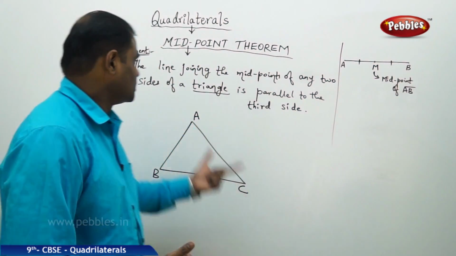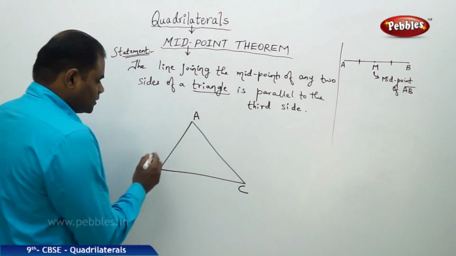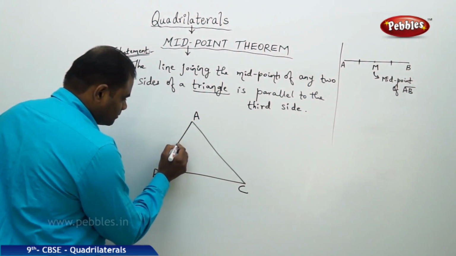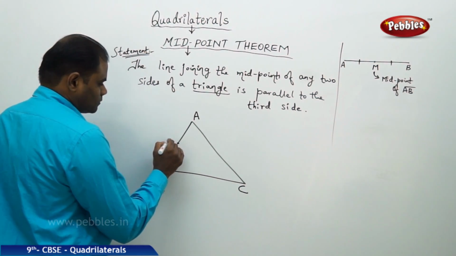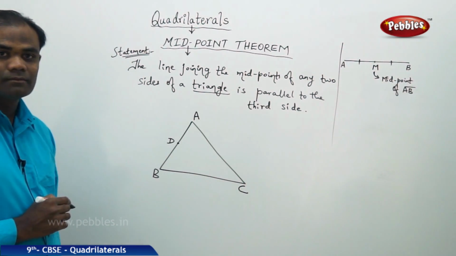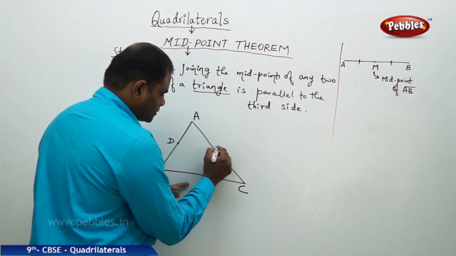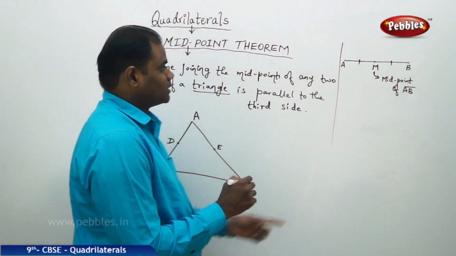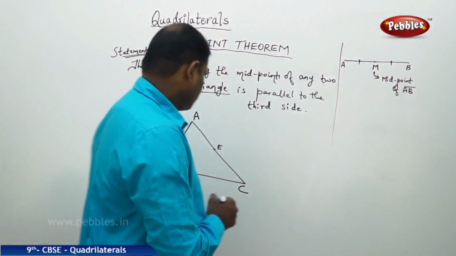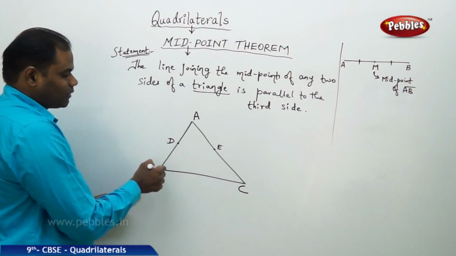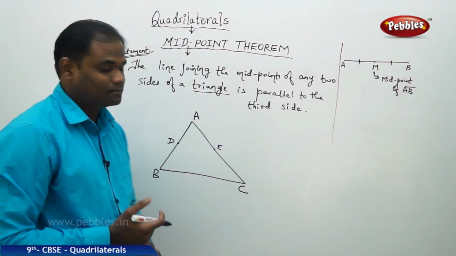Here let me take the midpoint of AB, denoted by D, and the midpoint of AC at E. Just like the midpoint of AB above was M, exactly in the middle, D is exactly in the middle of AB and E is exactly in the middle of AC.